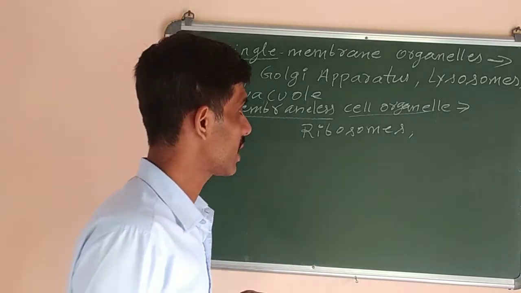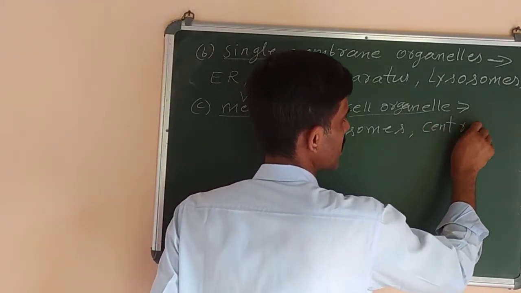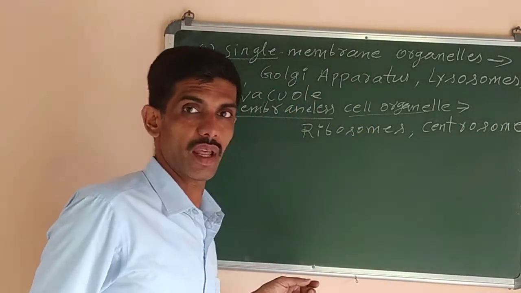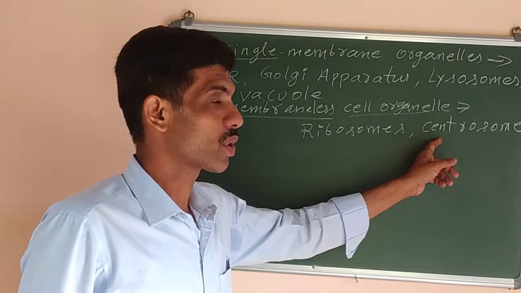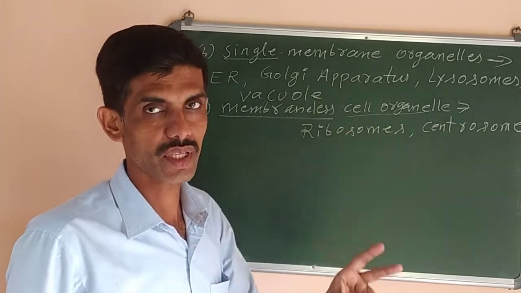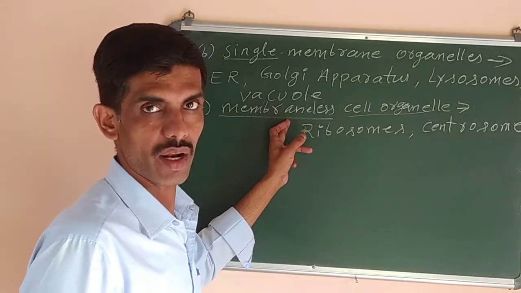And one more organelle is there which is found only in animal cell, that helps in the process of cell division by the formation of spindle during cell division. So that is called centrosome. Ribosomes and centrosomes are the two cell organelles that do not contain any membrane around them.